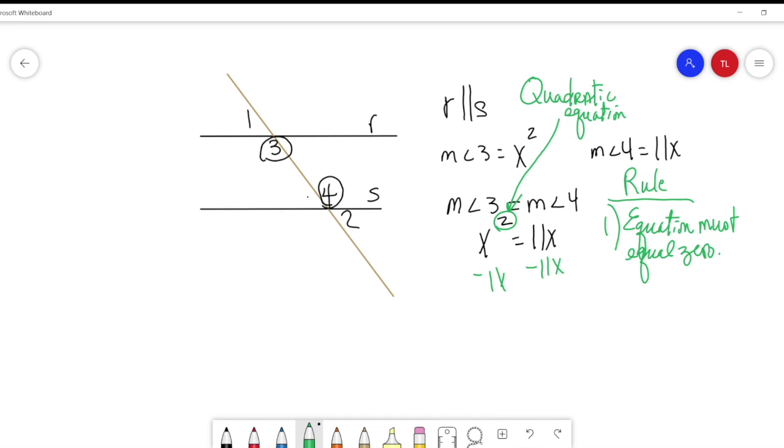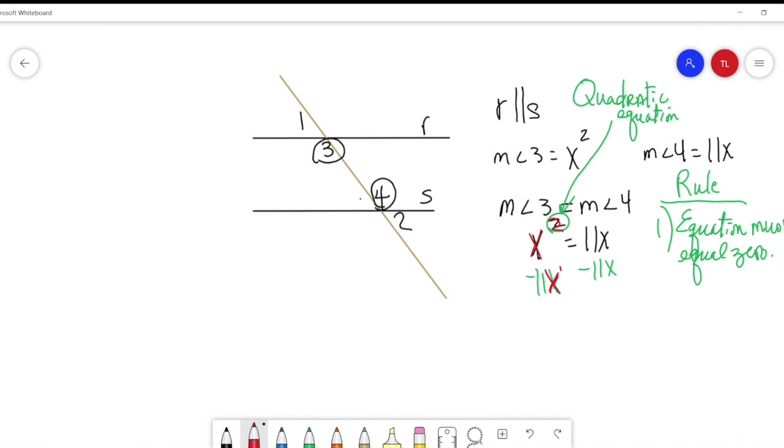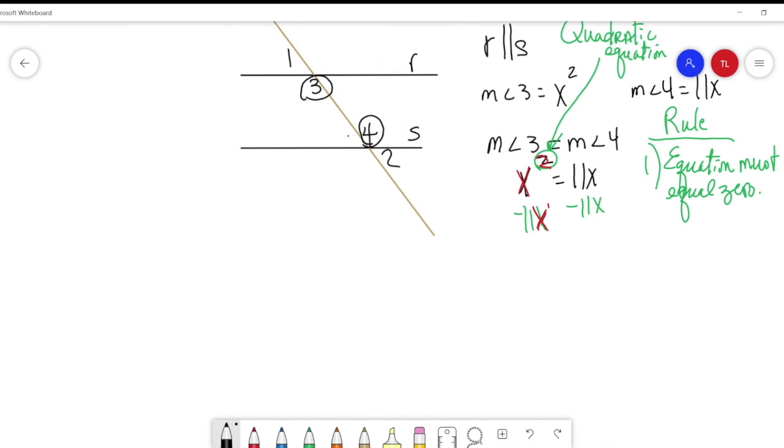This x has a square. The other x doesn't. It has an understood 1. Well, you can't subtract an x squared and an x. So what we do here is we write x squared minus 11x equals 0.